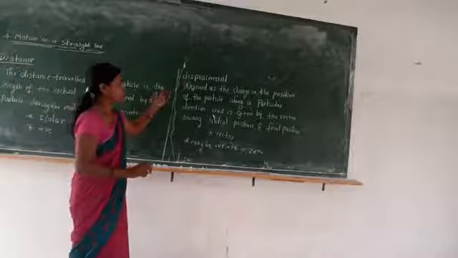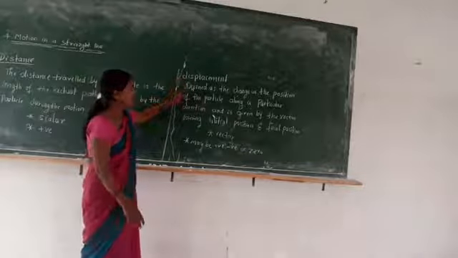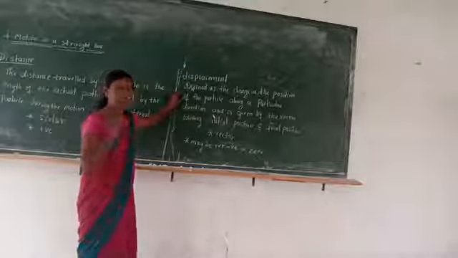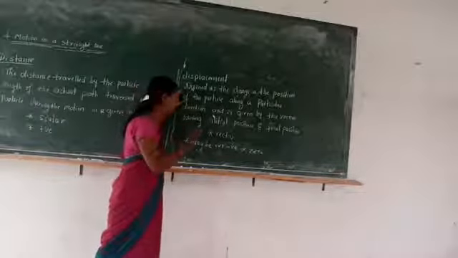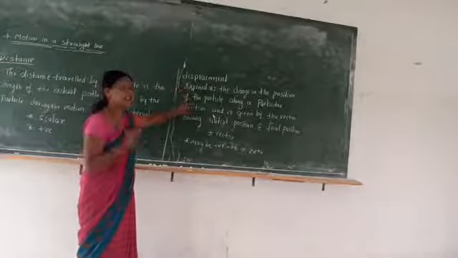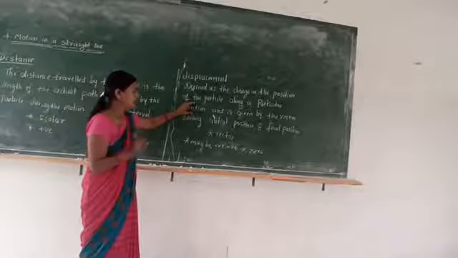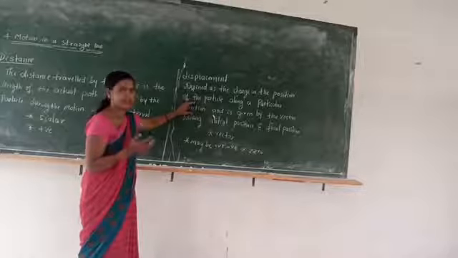In case of displacement, this is also another physical quantity. It is defined as the change in the position of the particle in a particular direction, and is given by the vector joining the initial position and the final position.